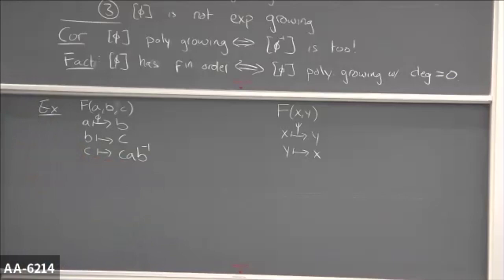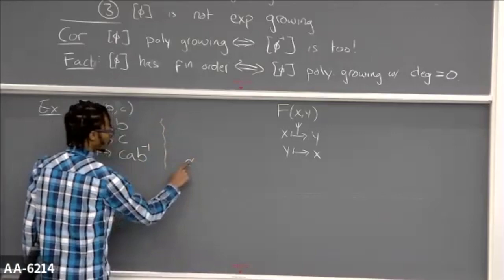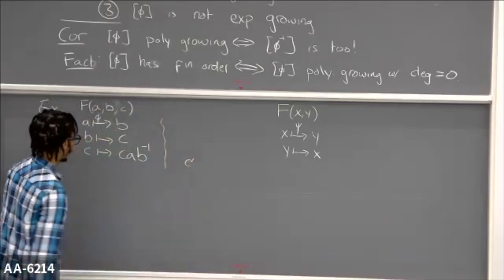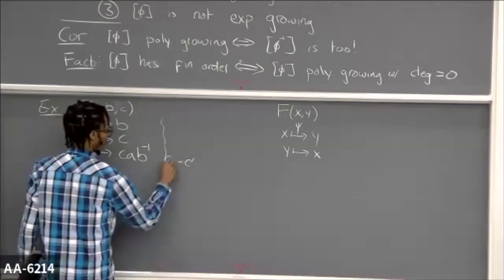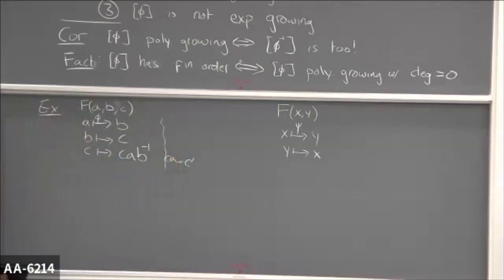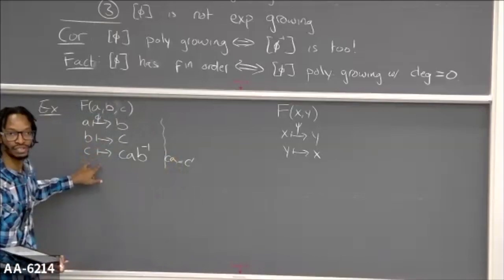So if I wanted a relative train track, it turns out over here, I'm going to write C prime. I'm going to choose a new basis. And C prime is going to be CA. And CA is fixed.